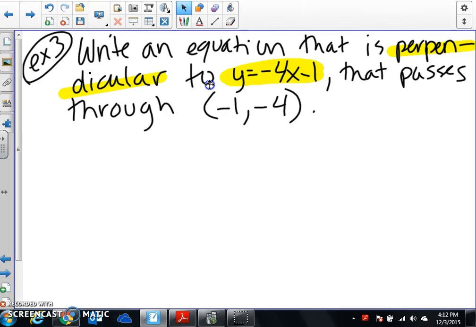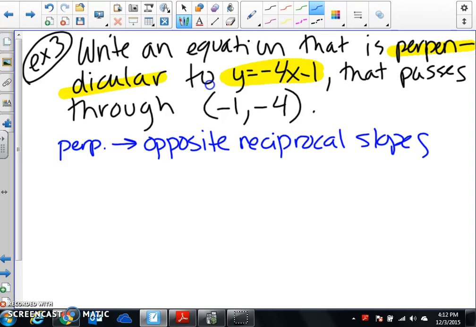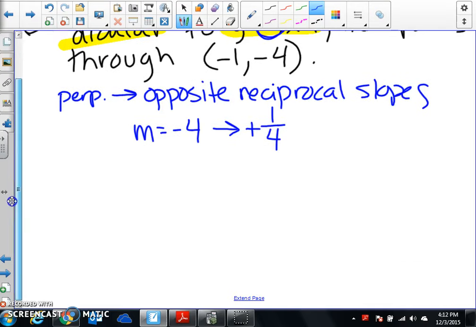Okay? Perpendicular lines have opposite reciprocal slopes. So if I go to my current line, my slope is -4. So it's negative reciprocal, or it's opposite reciprocal. If it was negative, now it's positive. 4/1, flip it, now that's 1/4. So my new slope is 1/4 because these are perpendicular lines.